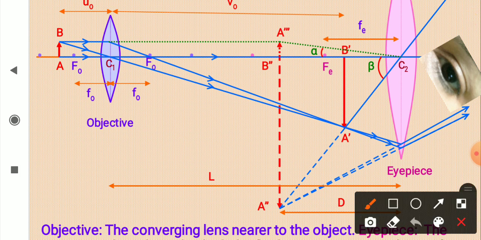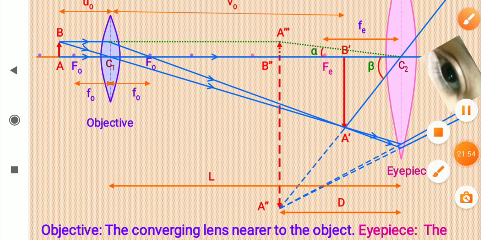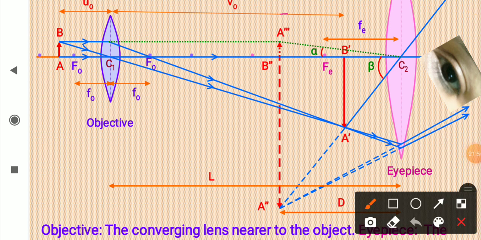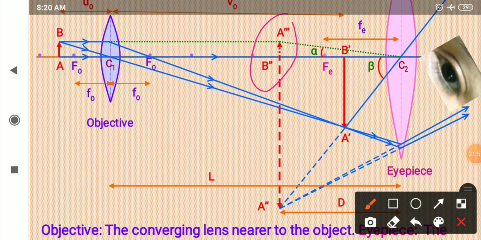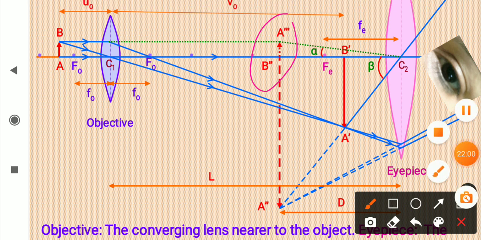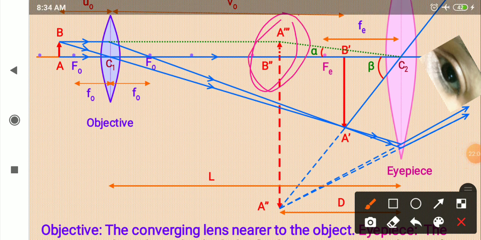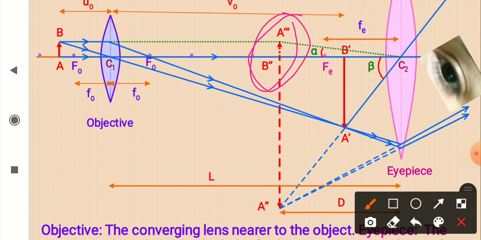So this is your, now the object size A triple dash B double dash is subtending angle alpha at the eye, at this lens, right?